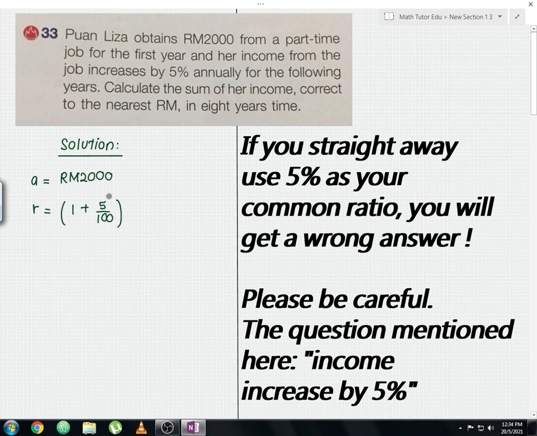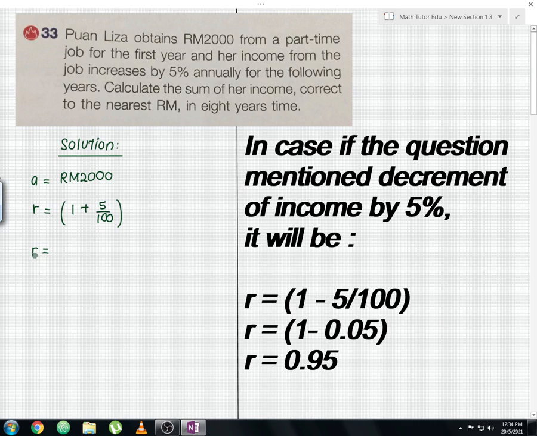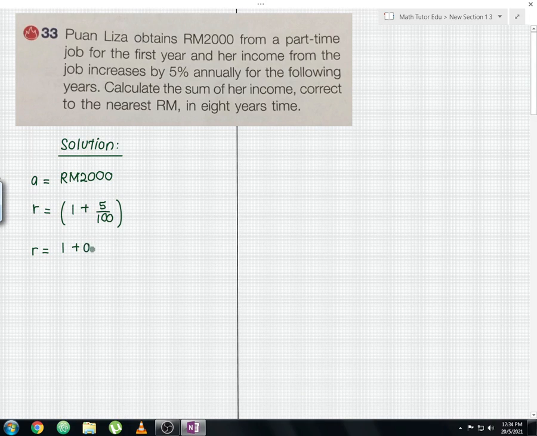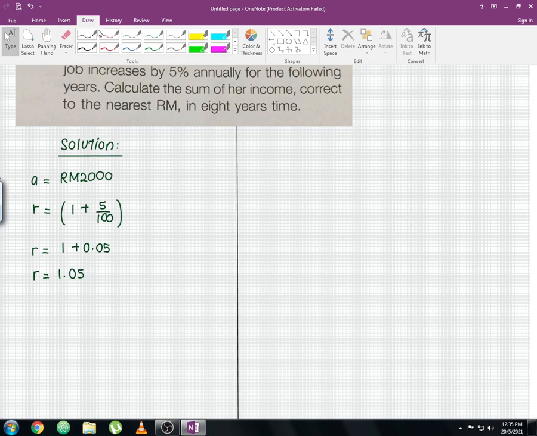So this percentage we can change into decimal form. Your R will be equal to 1 plus 0.05, and you get your common ratio R is equal to 1.05. Let me underline this.